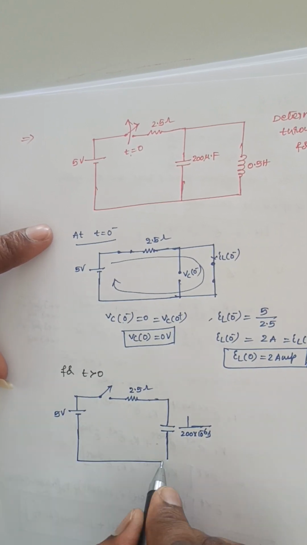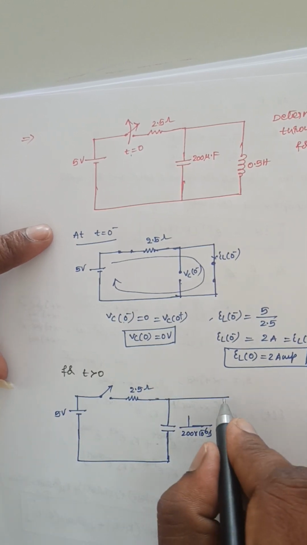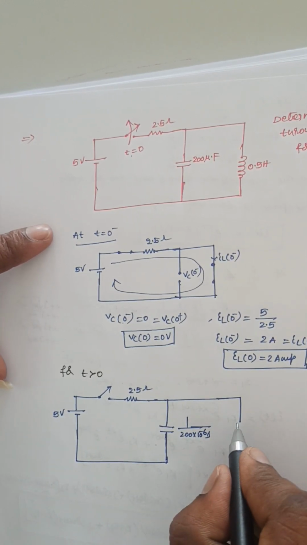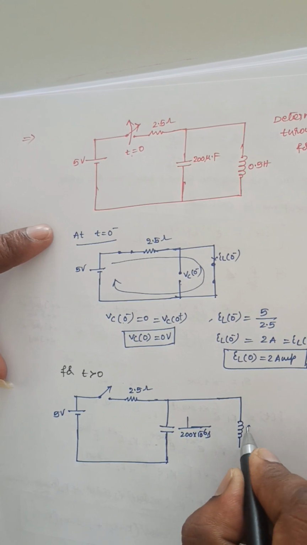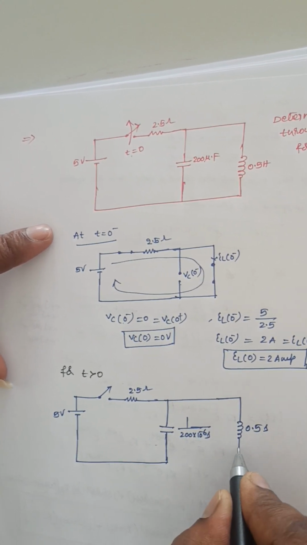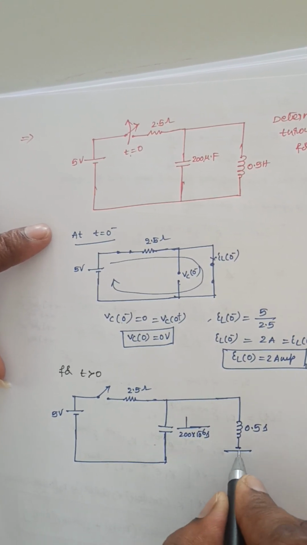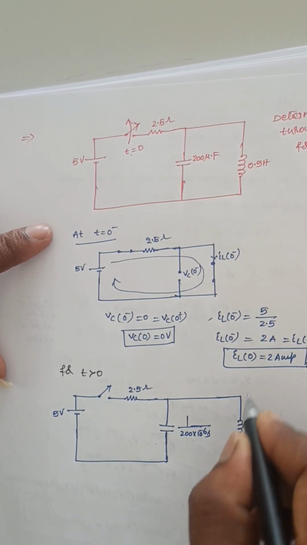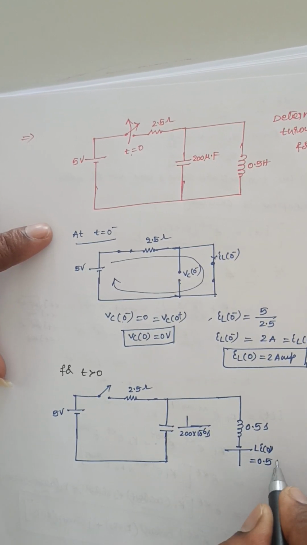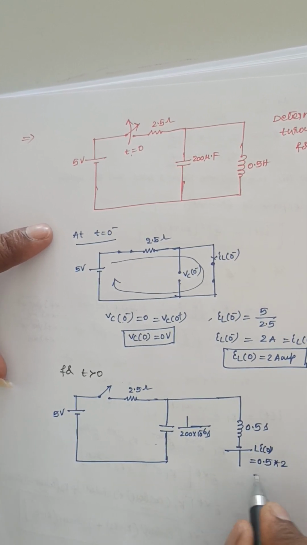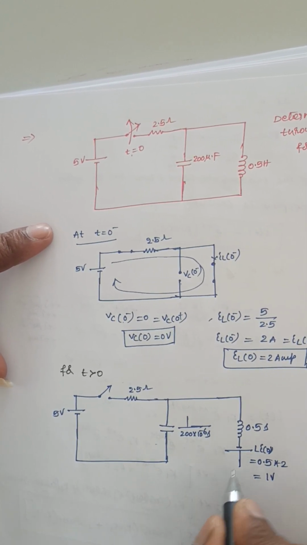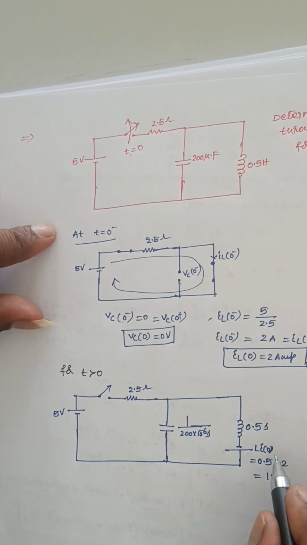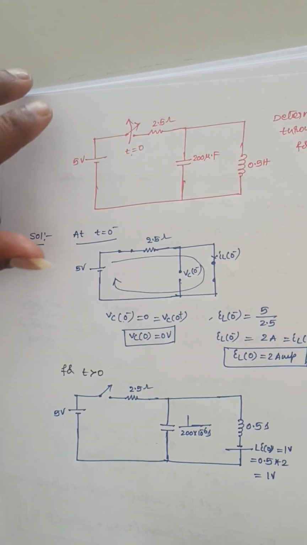And this inductance Ls, its value is 0.5 into S, and this voltage source value is L into I of 0, so 0.5 into 2, that is 1 volt. So this value is 1 volt.